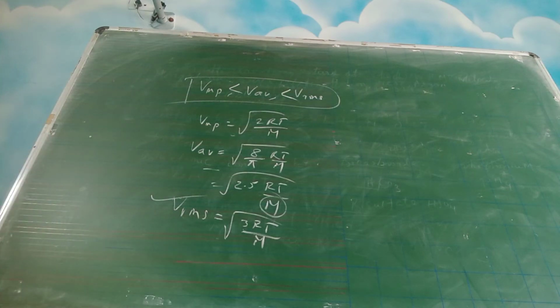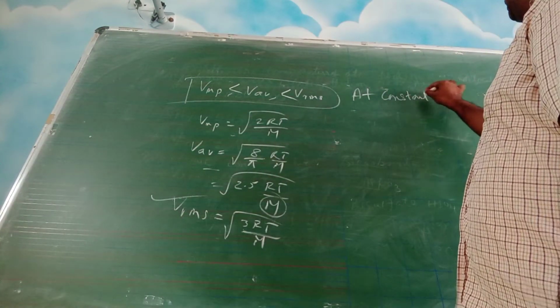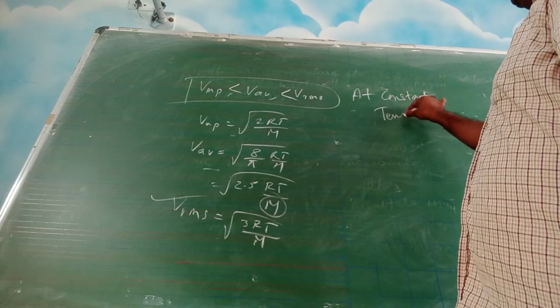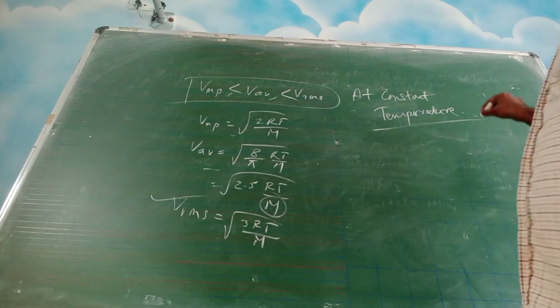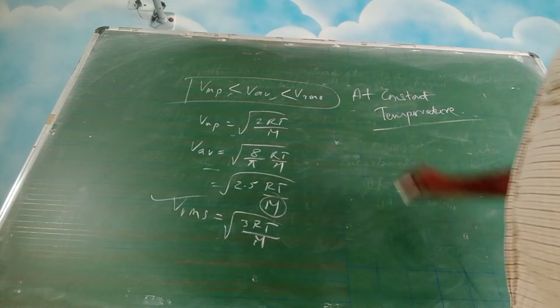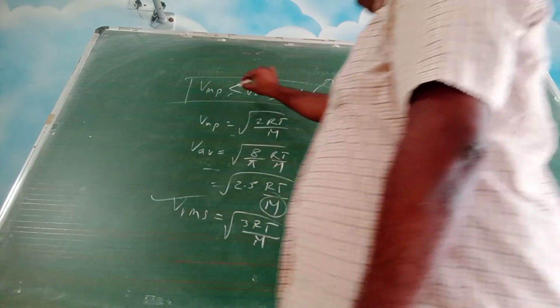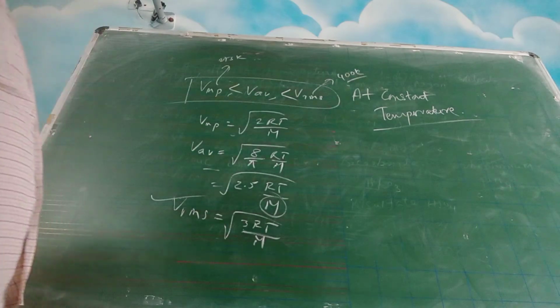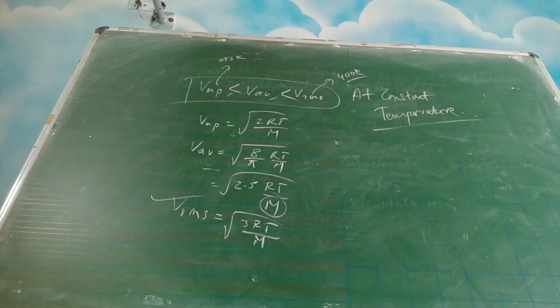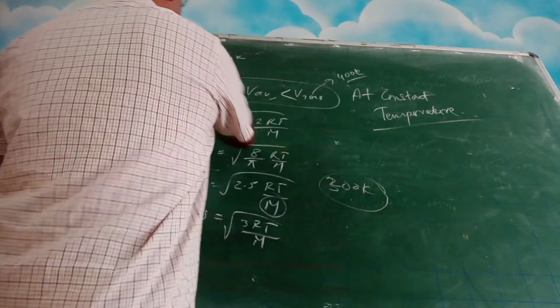Now what is the condition here? At constant temperature only we are talking about. You cannot pick 400 Kelvin and 273 Kelvin and say that it's like this. No, it's not that. If you are talking about 273 Kelvin or 300 Kelvin, you can compare these things.